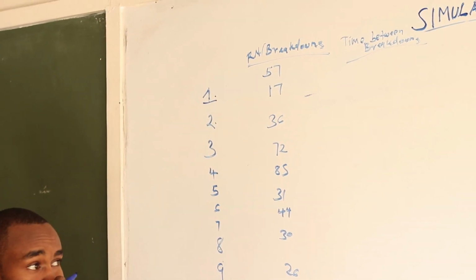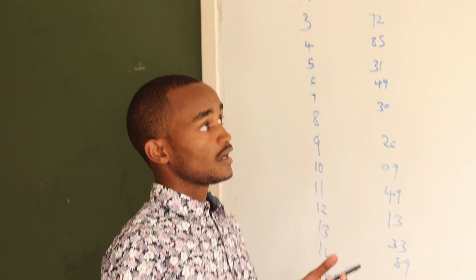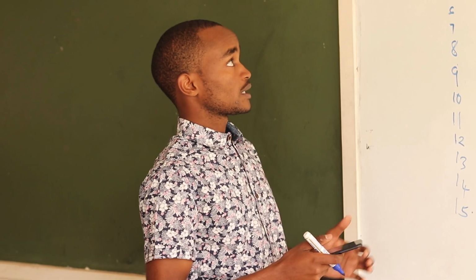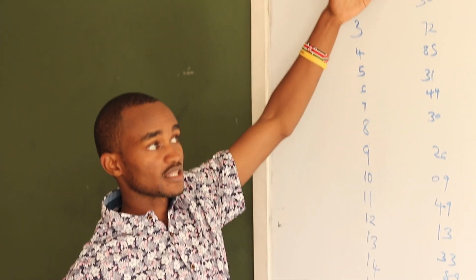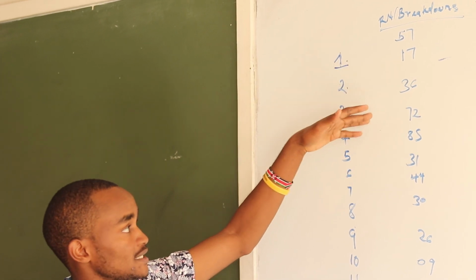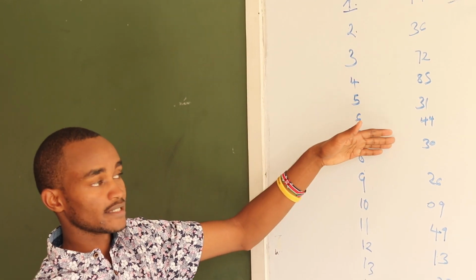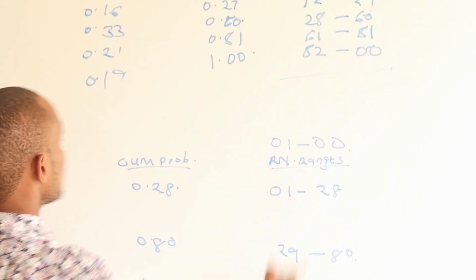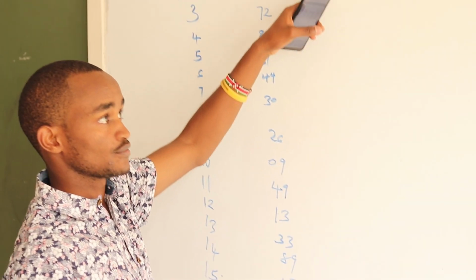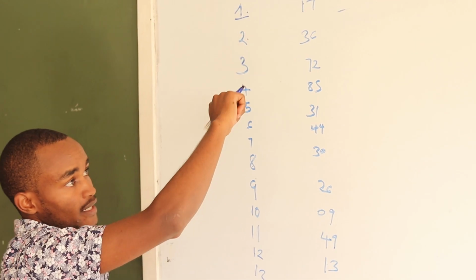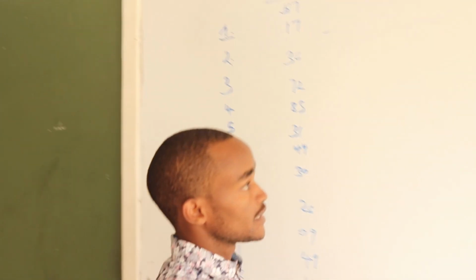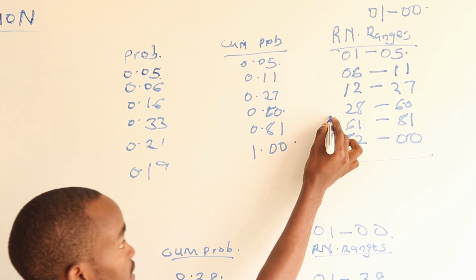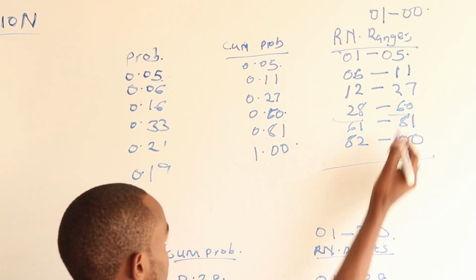So the way we do this, remember the first table that we created when finding the random number ranges. So we'll be using the random number ranges by checking the random number that we have been given and the range that it lies in. So we use this to find the time between breakdowns. So the first random number is 57. So we'll check where 57 lies, and in this case 57 lies between 28 and 60.